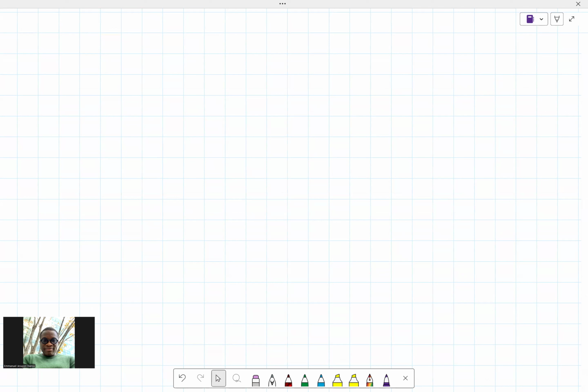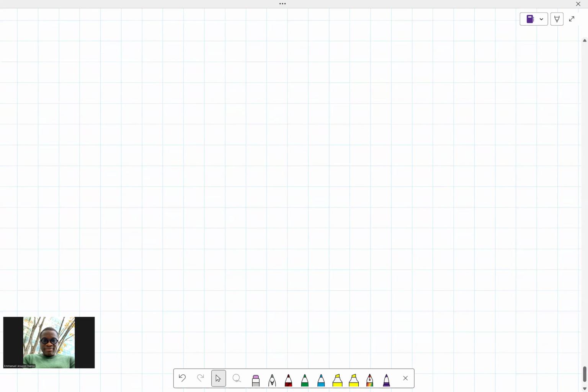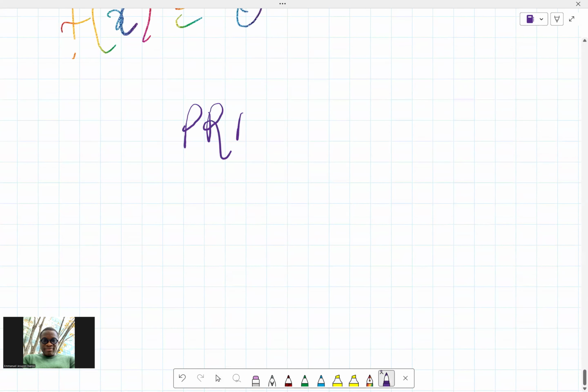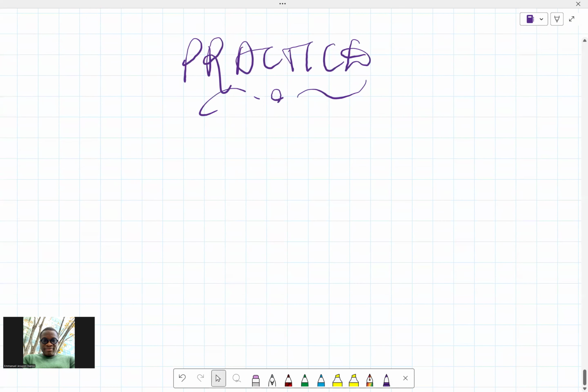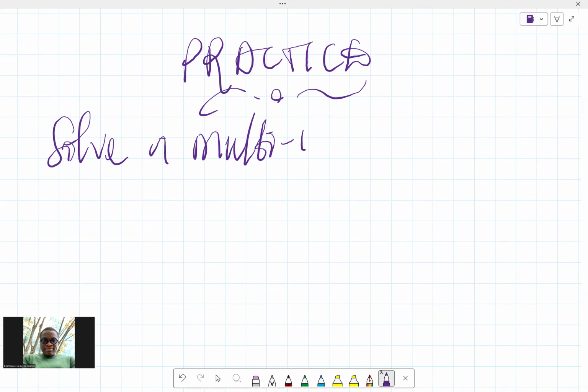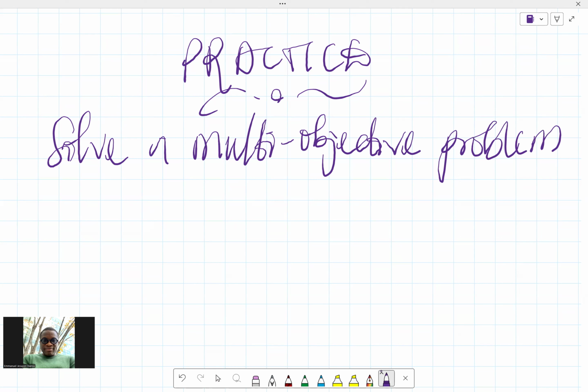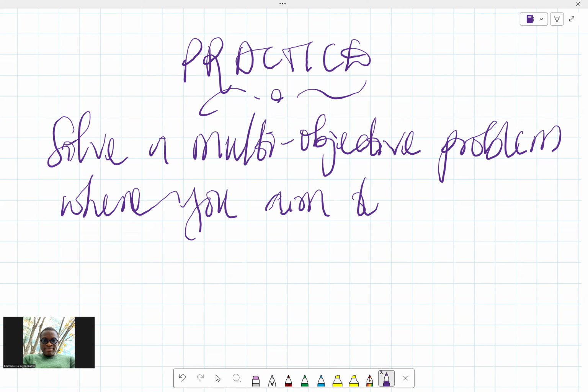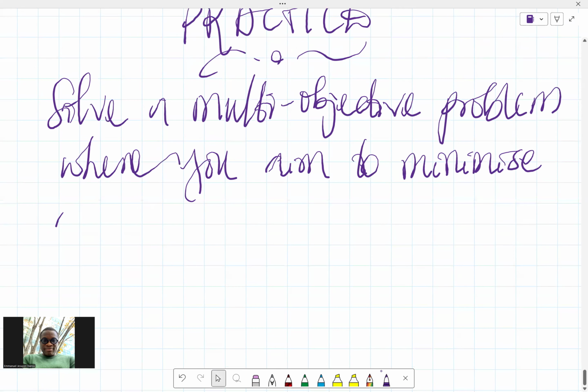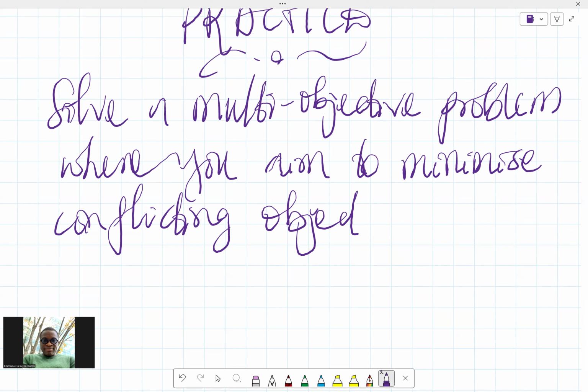Yeah, this is a bit challenging. This is multi-objective PSO, so let's see how we can play with this. Multi-objective particle swarm optimization. Solve a multi-objective problem where you aim to minimize conflicting objective functions.